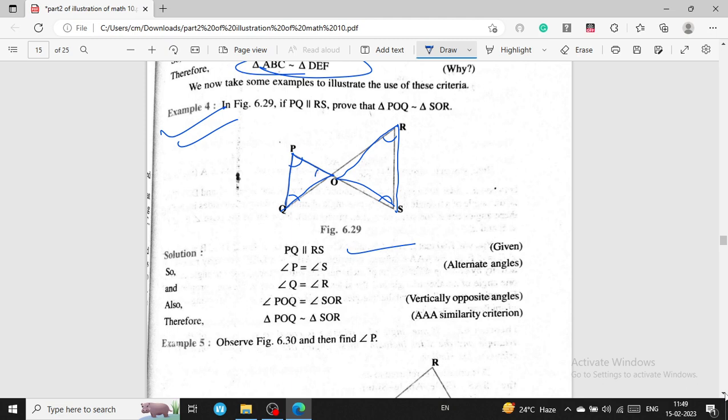Angle POQ is equal to angle SOR, that will be vertically opposite angles, which should also be equal. So here we use the angle similarity criteria, and according to it, both triangles will be similar. So that's it, that is proved.